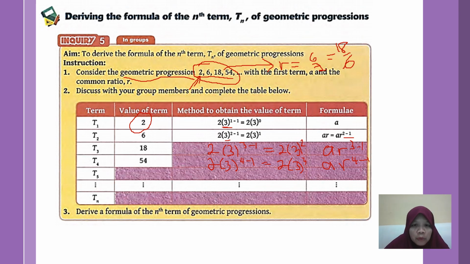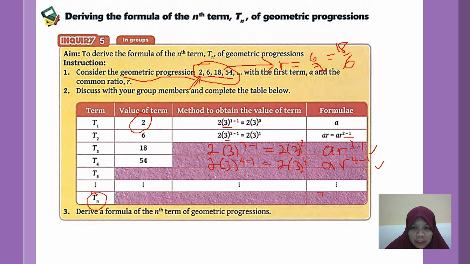So from here, to get the nth term of a geometric progression, we can derive one formula to get Tn. As you can see, the first term is a, the second term is ar to the power of 2 minus 1, the third term is ar to the power of 3 minus 1, the fourth term ar to the power of 4 minus 1, the fifth term is ar to the power of 5 minus 1, and so on until Tn.